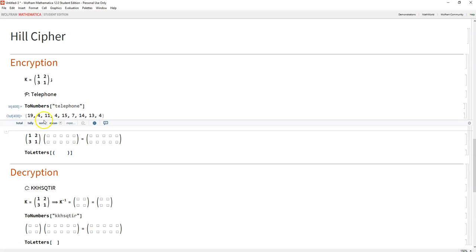Now, the Hill cipher is polygraphic. More to the point, it's digraphic. You're going to encrypt pairs at a time. So pairs of numbers go in as the columns of the matrix.